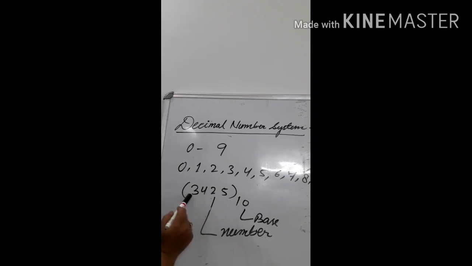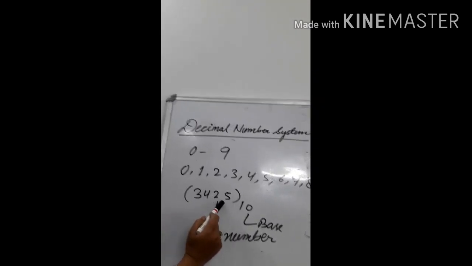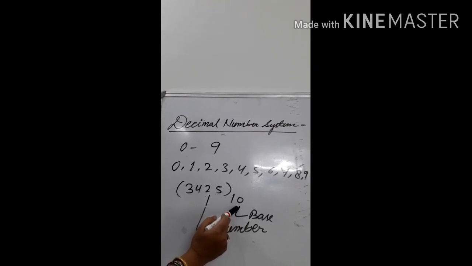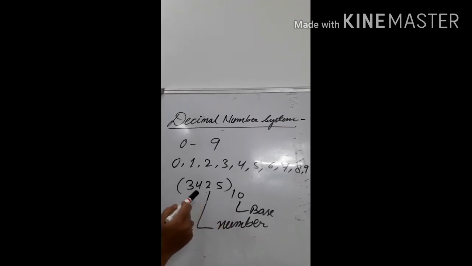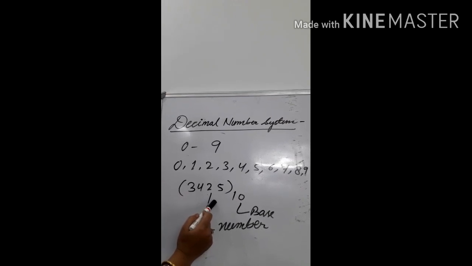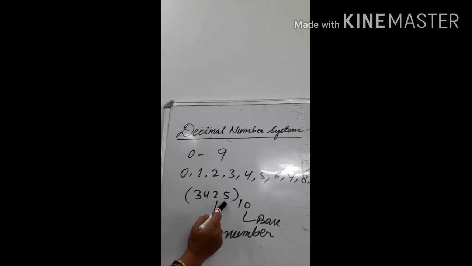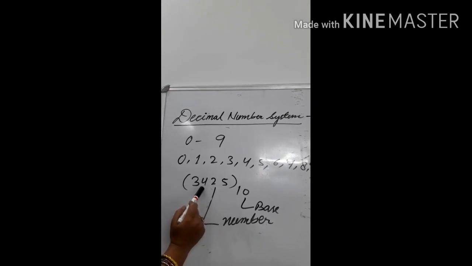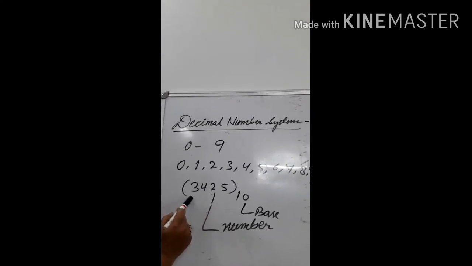Here 3425 is a number and 10 is the base, where each digit has its absolute value. Like this is units digit, tens digit, hundreds digit and thousands digit.